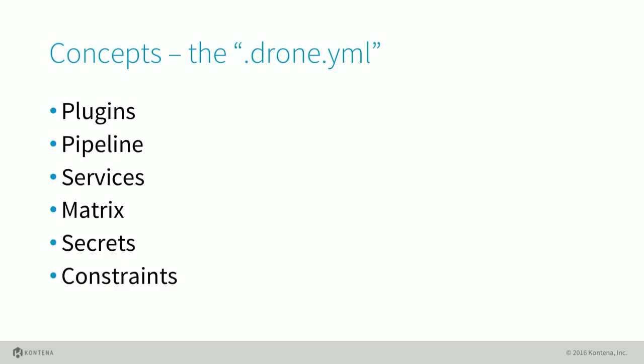You can also define a matrix build. So if you want to test your application with different language runtime versions and with different database versions, you can build a matrix out of those configurations, and then drone will execute different builds with different configurations for your application. Of course, we do have to use secrets when building and deploying things.